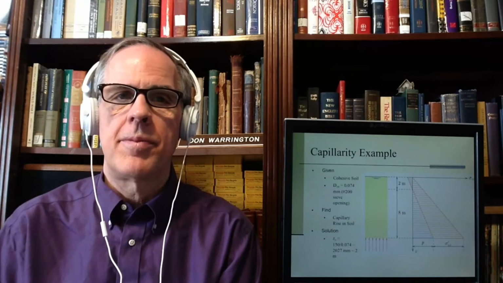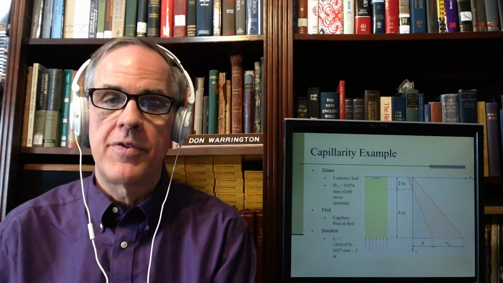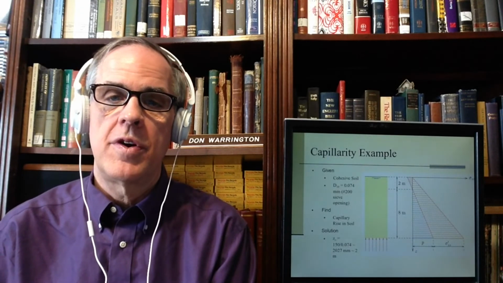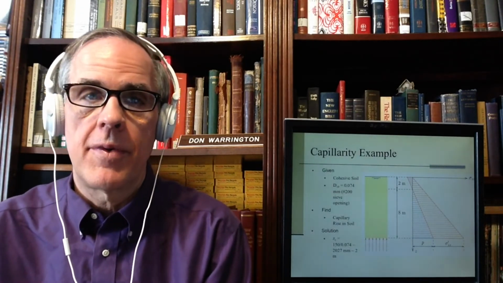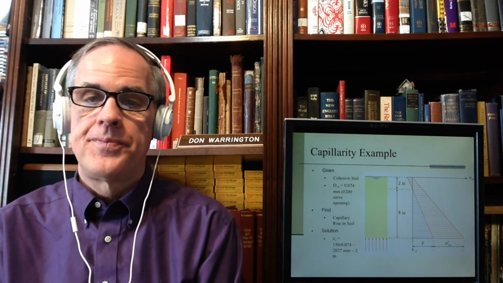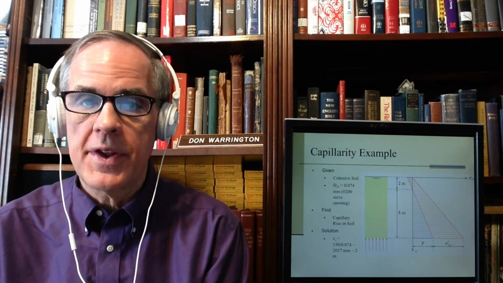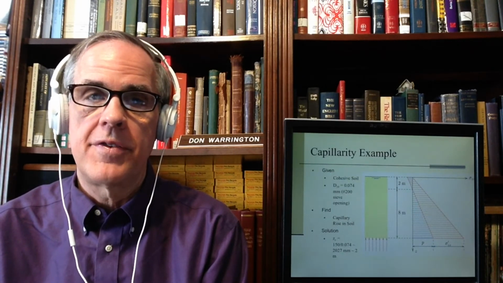Let's consider an example. Cohesive soil, the D10 is equal to 0.074 millimeters, the number 200 sieve opening. Let's find the capillary rise in the soil. Z sub c is equal to, it's easy, you just plug and chug in the formula.